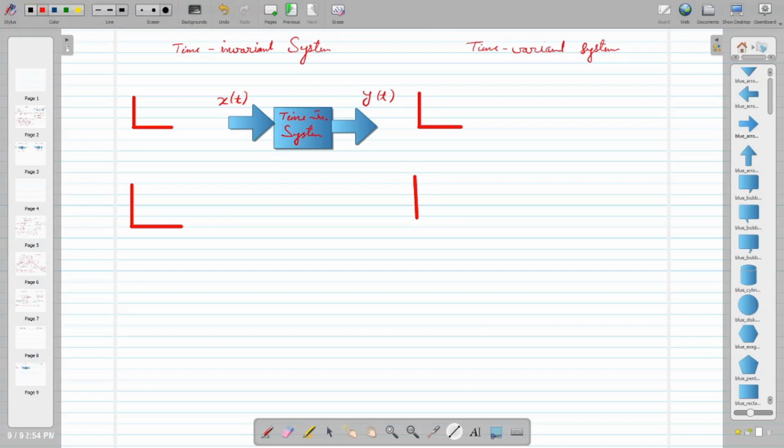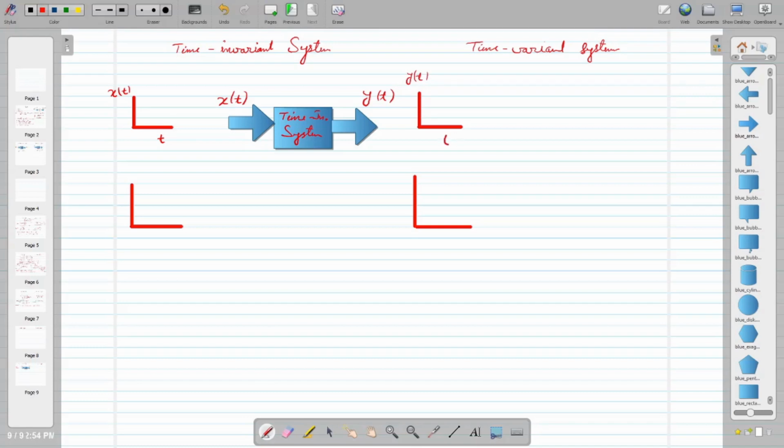Rather, we are having four graphs to make it more clear, that we are having certain input represented by x(t), which is a function of time, and here certain output y(t), which is a function of time also.